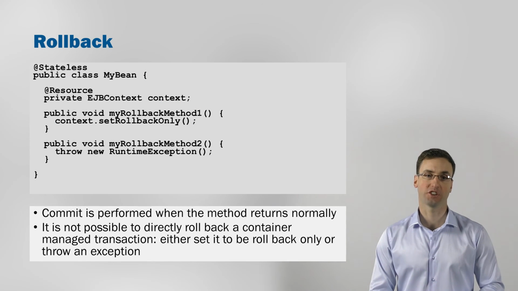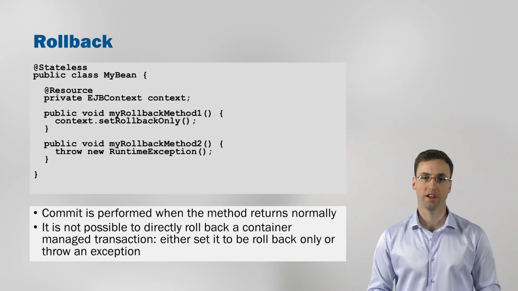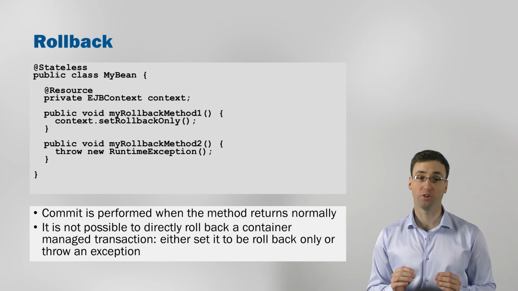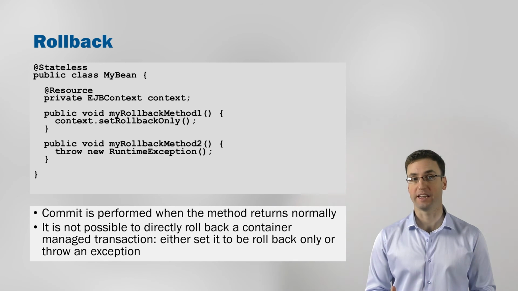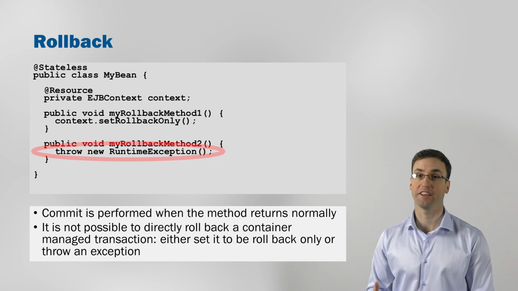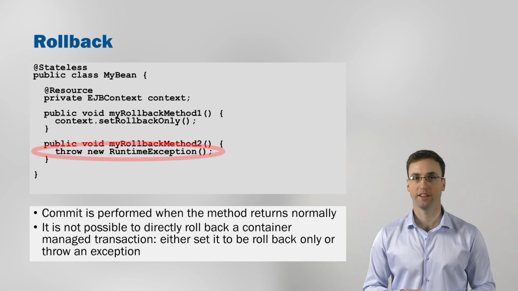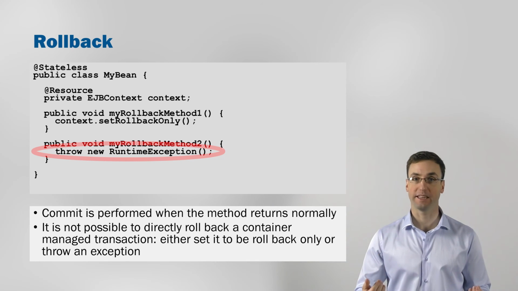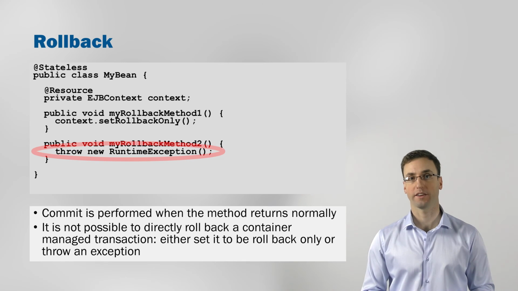To finish off this discussion of container managed transactions, I'd like to look at rollback of a transaction. It isn't possible to directly roll back a container managed transaction. However, there are two alternatives. I've already mentioned that throwing an exception is one way to get the container to roll back the transaction. If your exception is a runtime exception, or if it extends from EJB exception, it will cause a rollback.